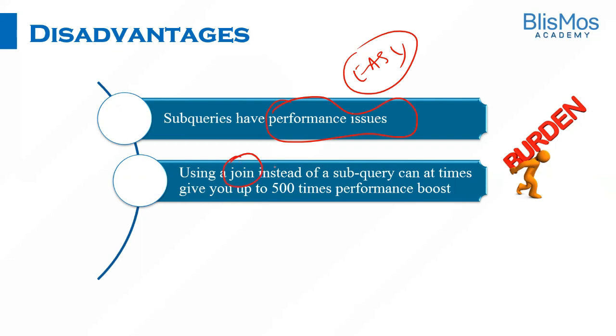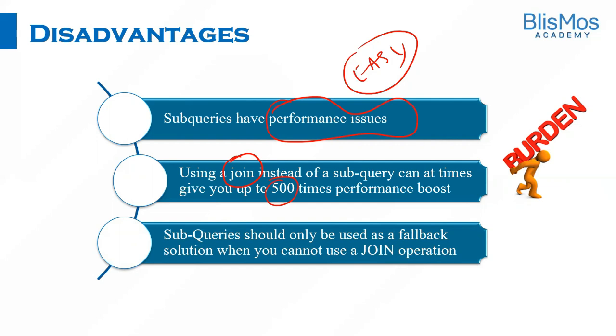In some cases, using joins should be better than using subqueries because there may potentially be 500 times better performance given by the joins. So that implies please go ahead and use subqueries whenever you cannot really use join operations.